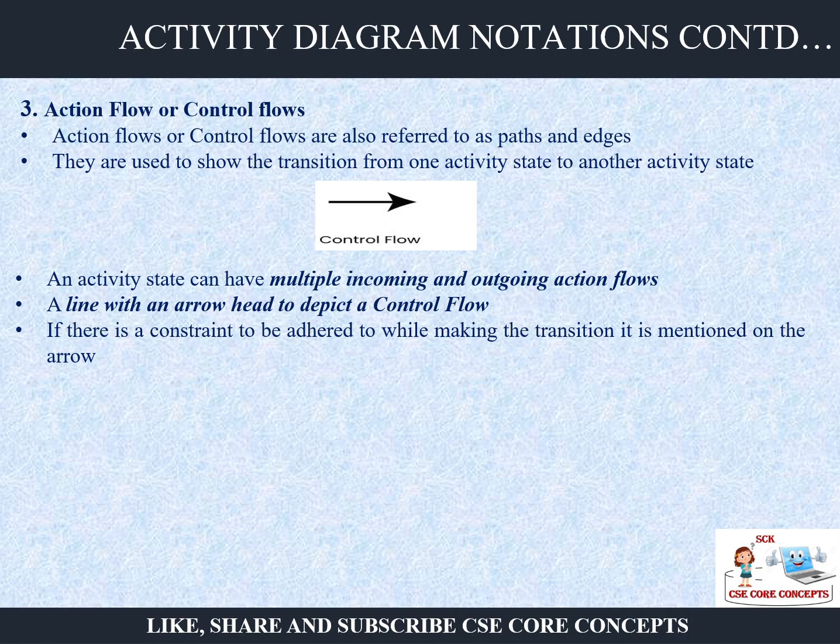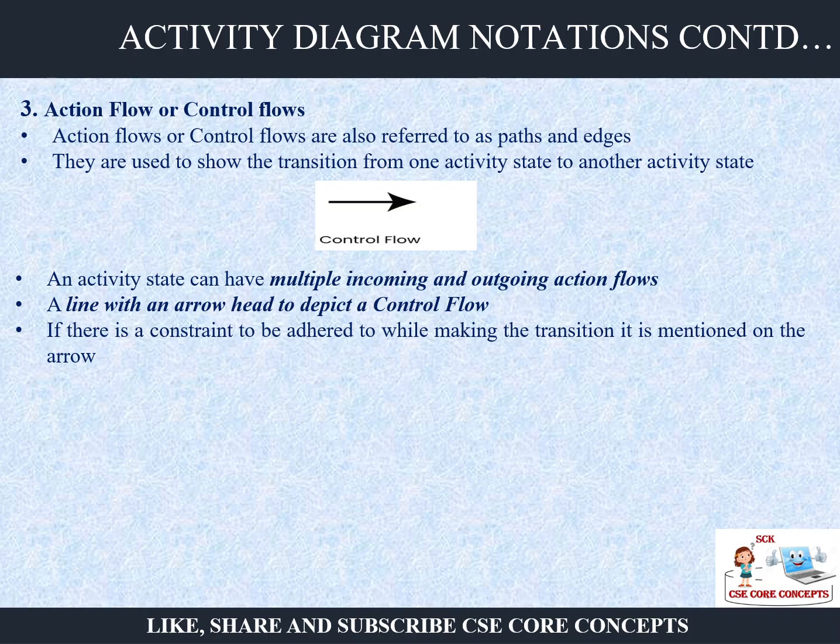Then comes our action flow or control flow, how one flows from one object to another. They are also referred to as paths or edges, and they are used to show the transition from one activity state to another. You can have multiple incoming paths, so multiple paths flow to one state, and you can have multiple outgoing paths also.